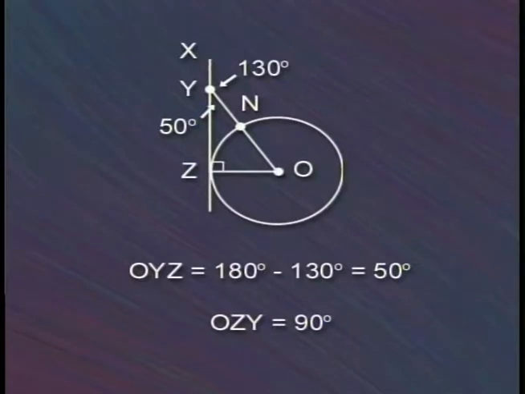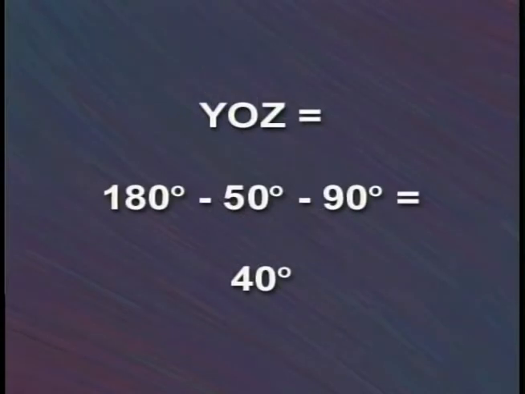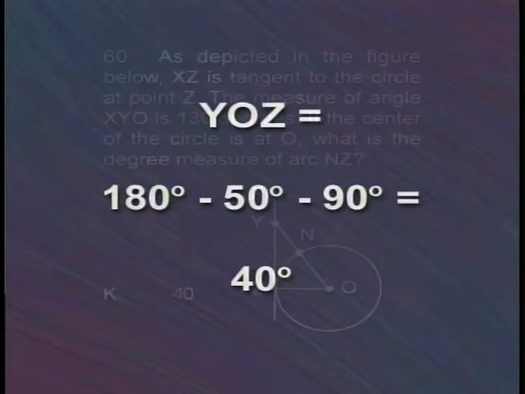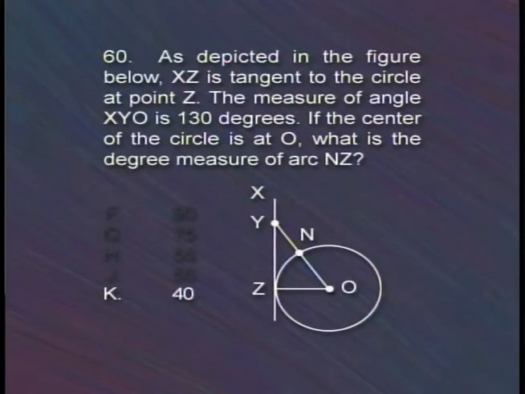We can now calculate the degree measure of angle YOZ. YOZ equals 180 degrees minus 50 degrees minus 90 degrees, or YOZ equals 40 degrees. Thus, arc NZ also has a degree measure of 40 degrees. The correct answer is K.